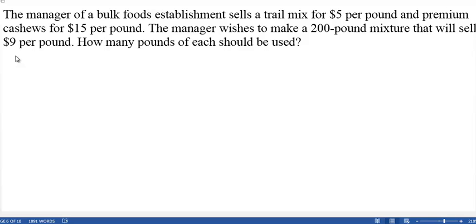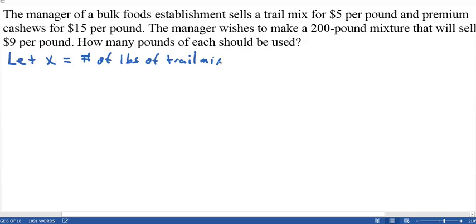So the first equation is going to deal with the number of pounds that we're going to make. So let's go ahead and define our variable and say let x equal the number of pounds of trail mix and let y equal the number of pounds of cashews.